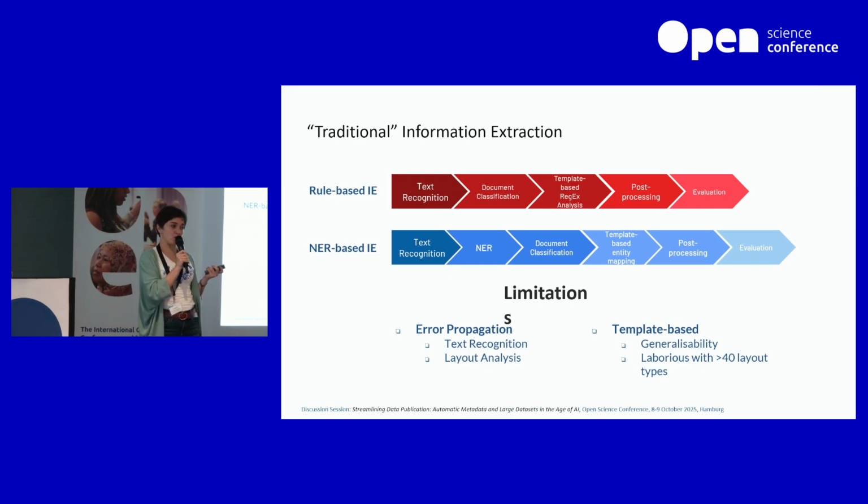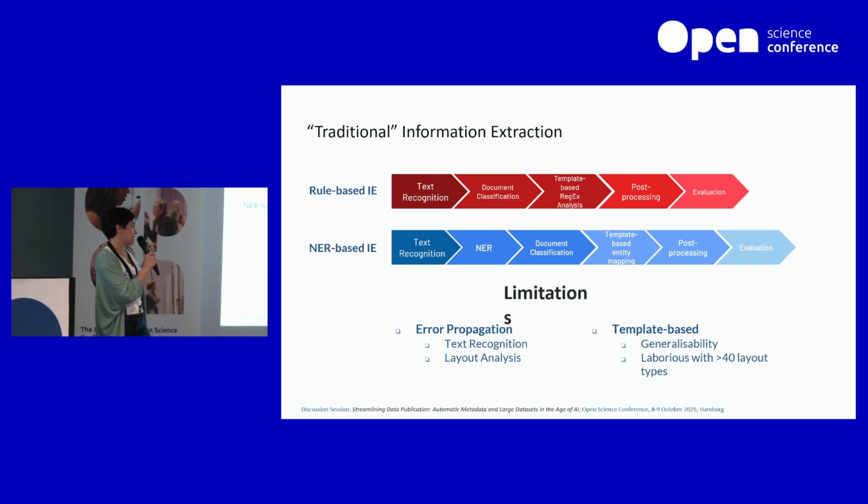One limitation is the problem of text recognition and the problem of layout analysis when we have so many different layouts on the cards. And then, of course, the errors from these stages would propagate into the next stage, and it would definitely decrease the accuracy that we get in the final information extraction results.